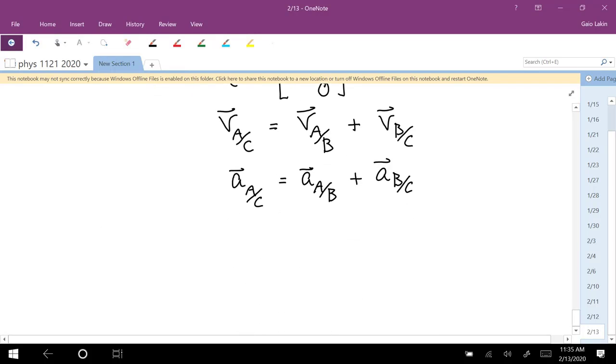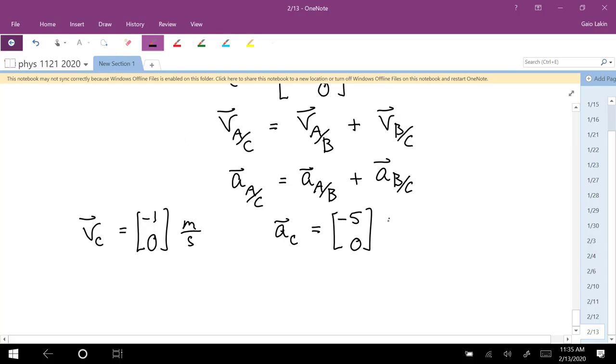And what we figured out so far is that VC is -1, 0 meters per second, and AC is -50 meters per second squared. And then we used relative motion to calculate that the velocity at the top is -2, 0. That velocity is always going to be twice the velocity of the center.